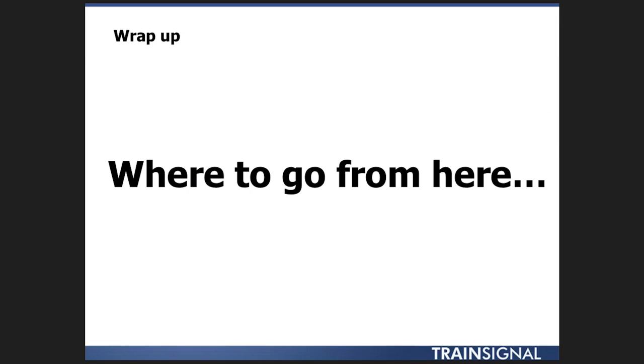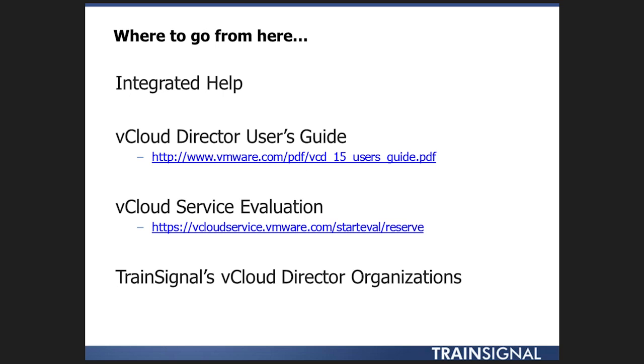So that is the top 5. I hope you got some good information about that. The question becomes, where do we go from here? So if I need more help on vCloud Director for my particular use case or a particular feature within vCloud Director, here are a few helpful ideas.